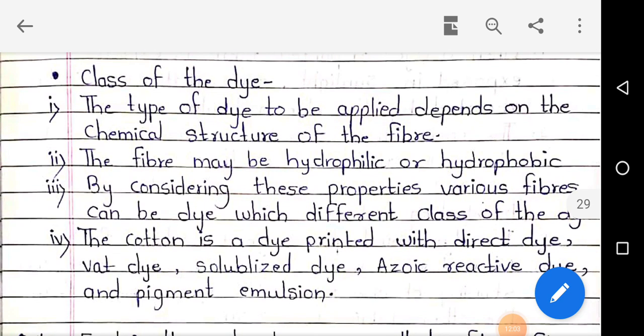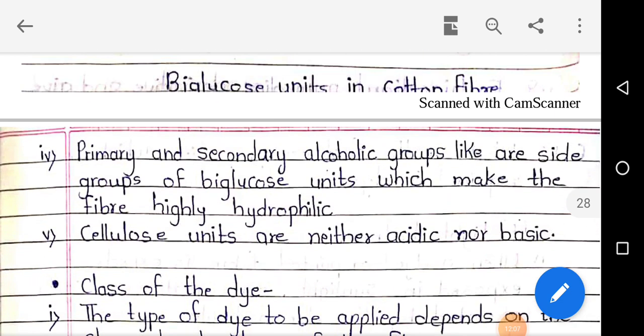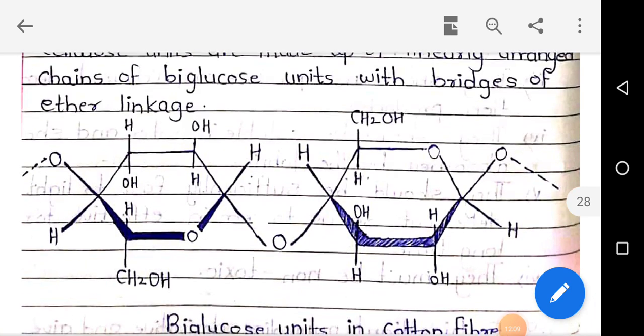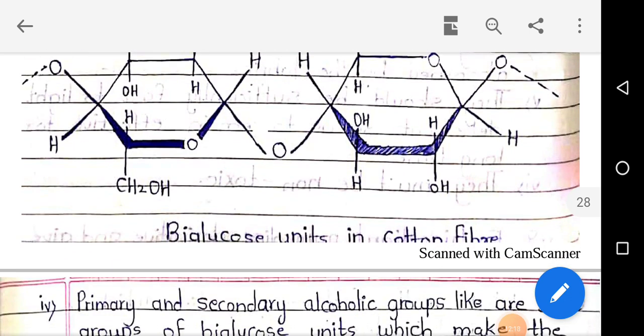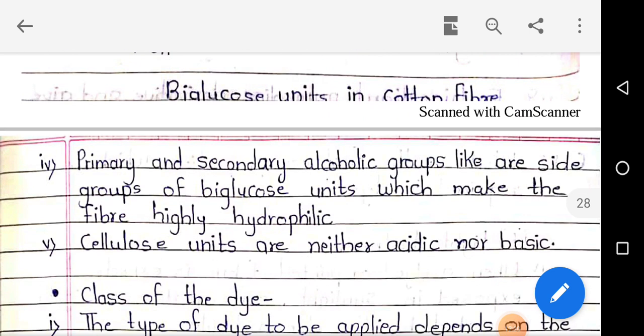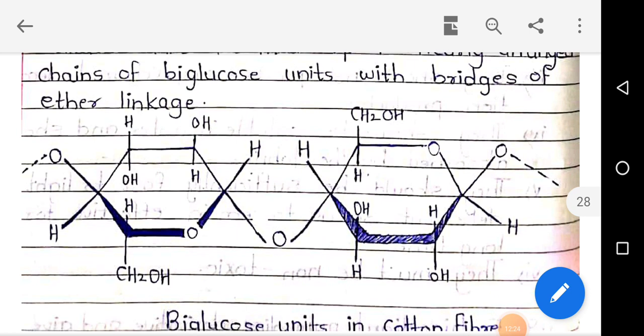This question is asked many times, as cotton is easily available in India, and it is the main source for the preparation of fabrics and clothes. So this has more importance, and the structure of cotton is also most important. The structure is very simple.